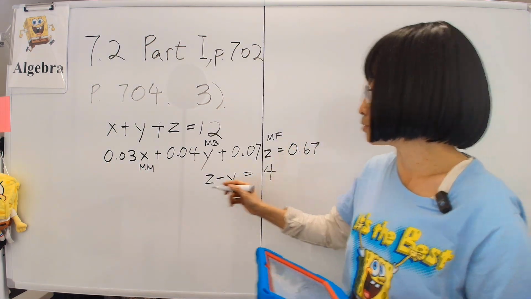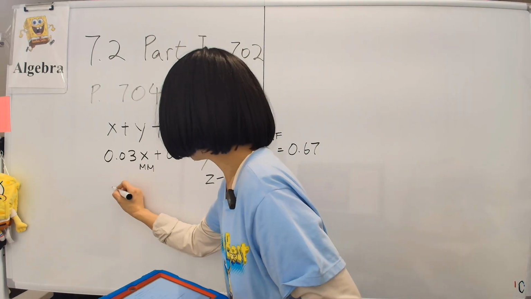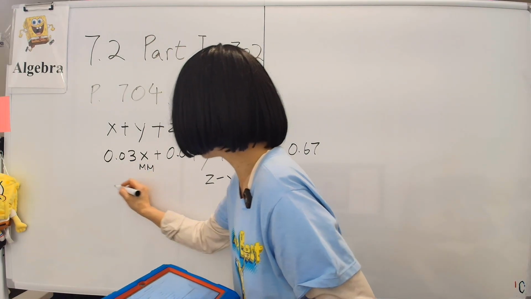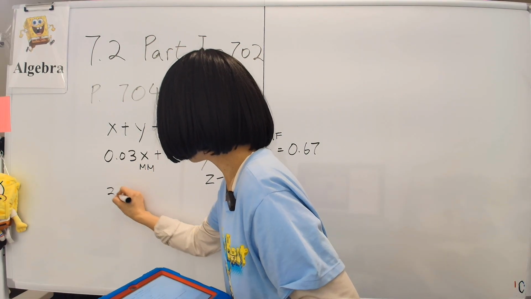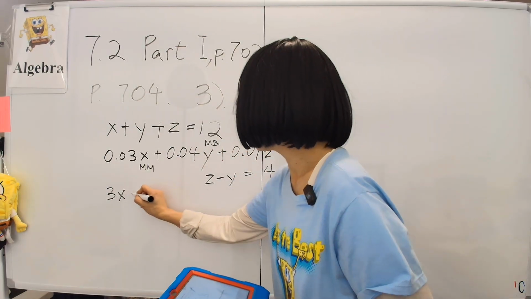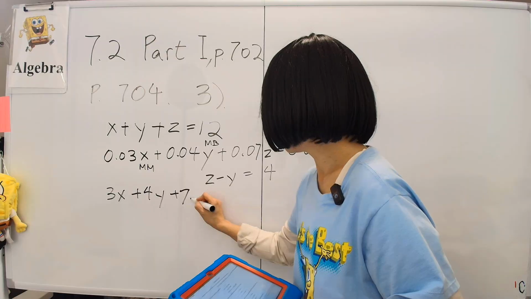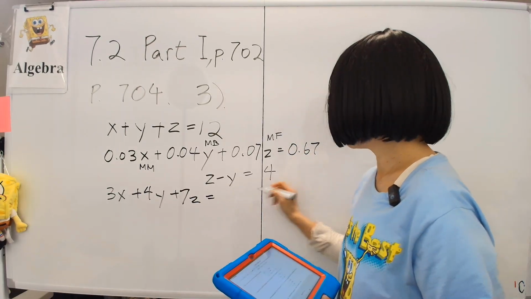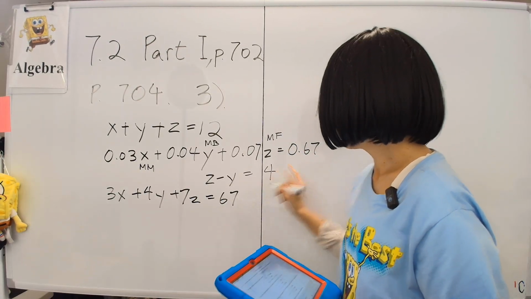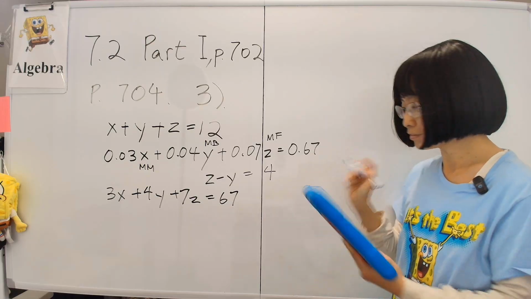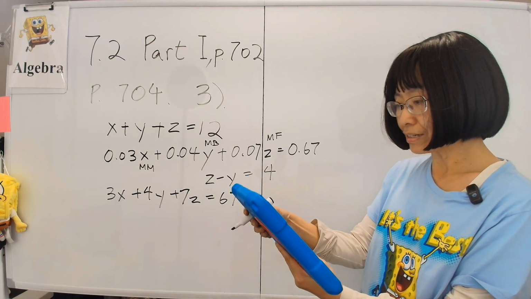So this becomes 3x plus 4y plus 7z equals 67, because that got moved too. All right, so far so good.